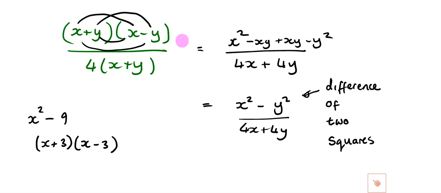We've just expanded it. The only way we can simplify a fraction is if we know something times something is then divided by the same thing. This is not in that situation. This is something times something, but then we minus this. It's not in the correct form. You can't cancel something just because it's been subtracted in that way.